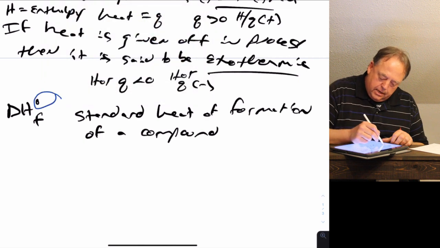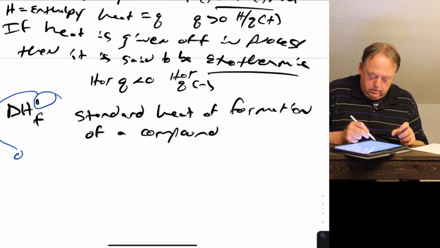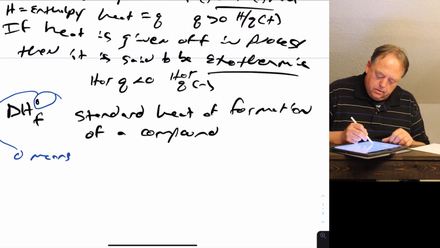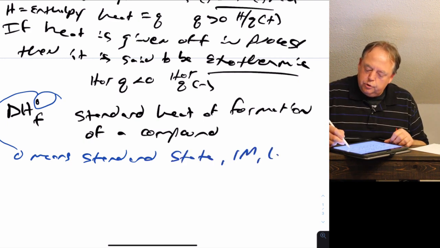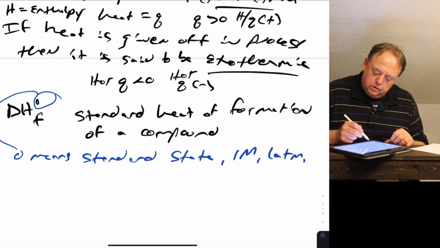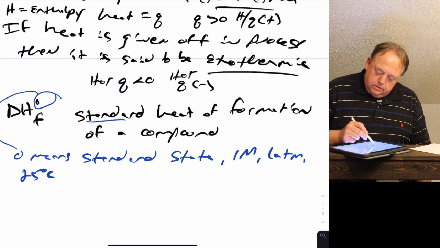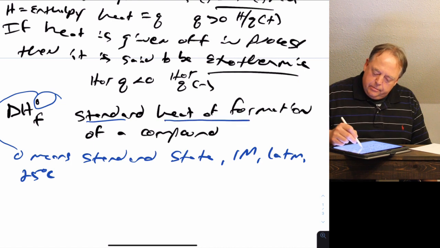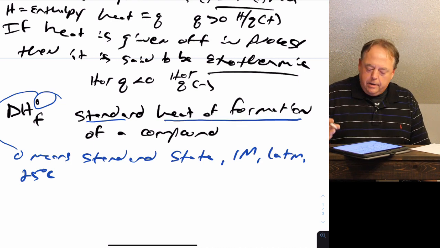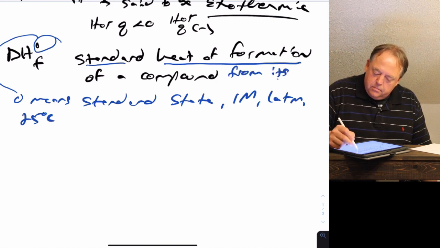So that the superscript 0 means standard state, so that means 1 molar if it's a solution, 1 atmosphere pressure, 25 degrees Celsius. So at 1 molar, 1 atmosphere, 25 degrees Celsius, how much heat is involved when you form a compound from its elements?